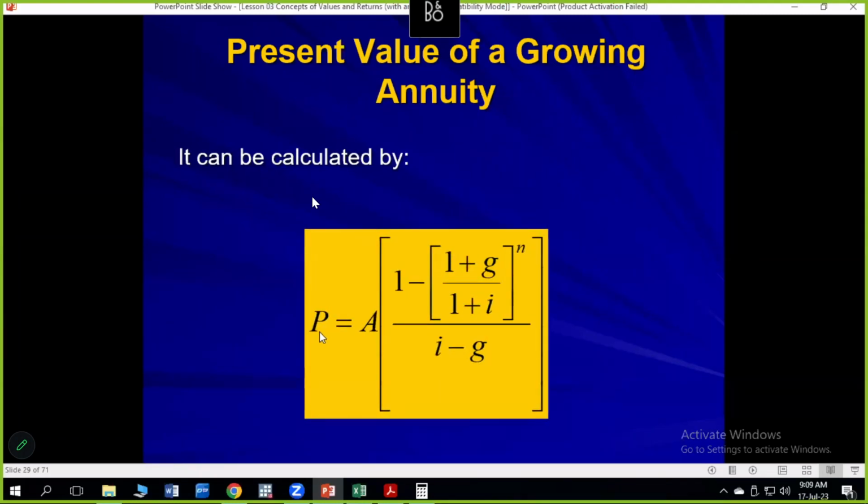The present value of the growing annuity would be: 1 minus (1 plus g over 1 plus i) to the power n, over 1 plus i minus g. You can take down this formula and the example and find your answer.